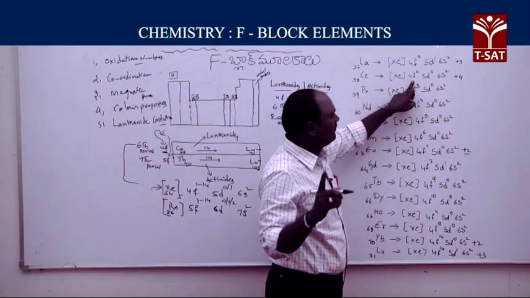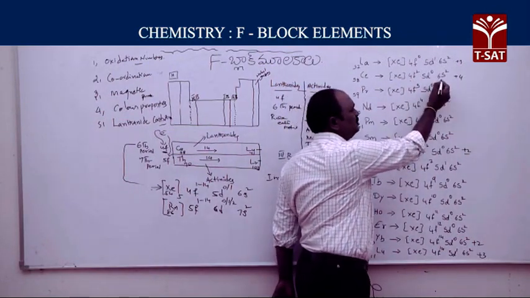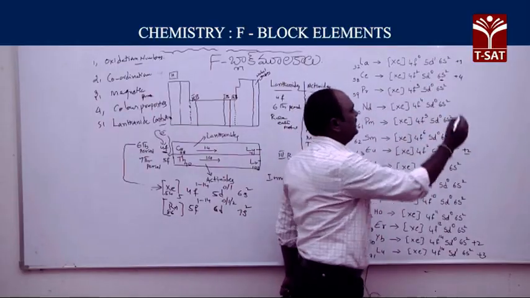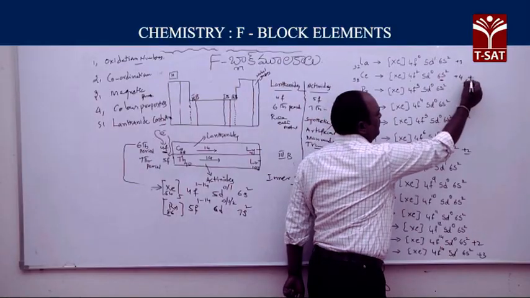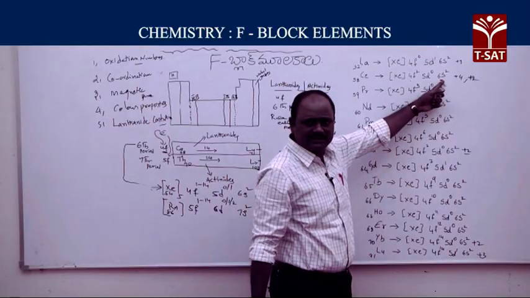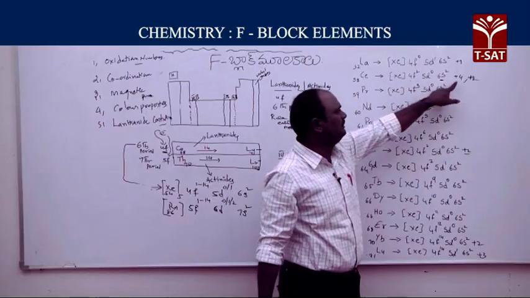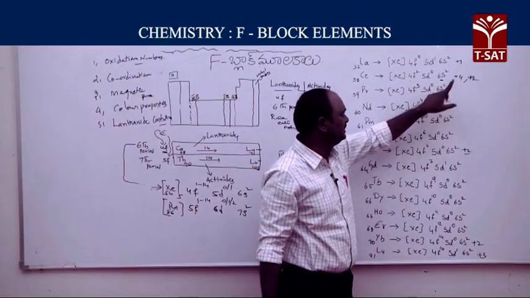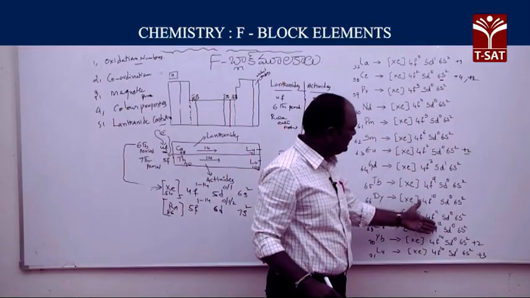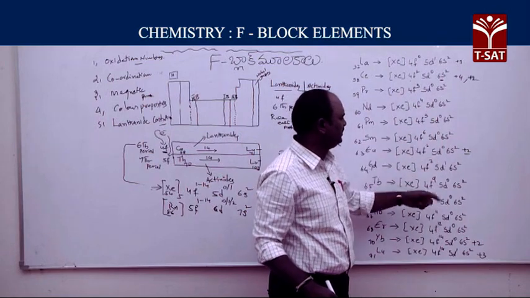It means when cerium loses the 2 electrons from the 6s, naturally it exhibits the +2 oxidation number. Sometimes when it loses the 2 electrons from the 6s as well as 2 electrons from the 4f orbitals, there will be a chance to exhibit +4 oxidation number also. Like this, you can observe all these electronic configurations with 5d0.